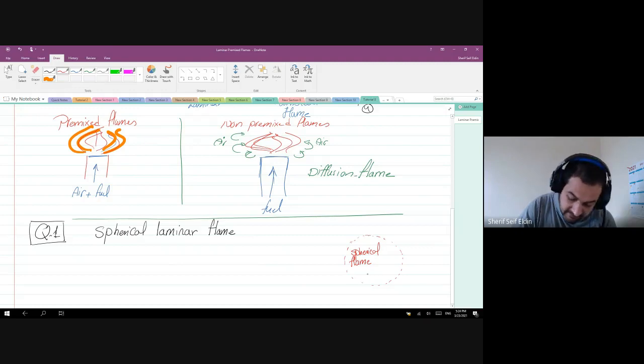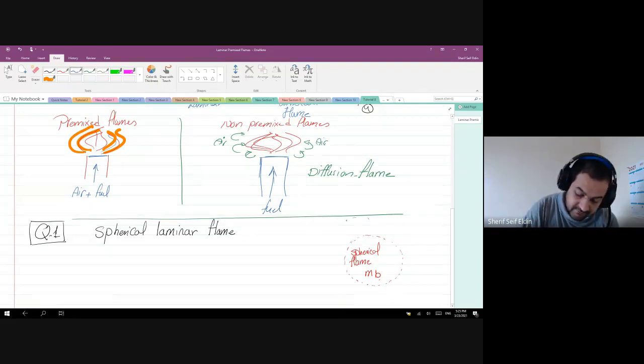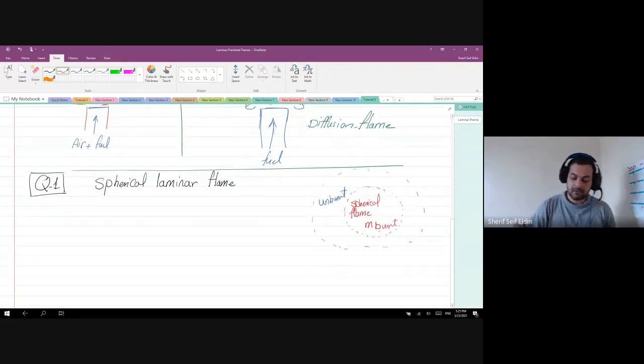It has a certain mass mb. B is the burned gases, and this is surrounded by an infinite medium of unburned gases. So we call the unburned gases U, unburned, and B is burnt, right?